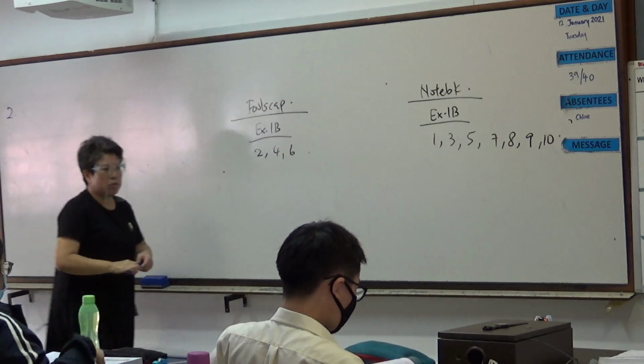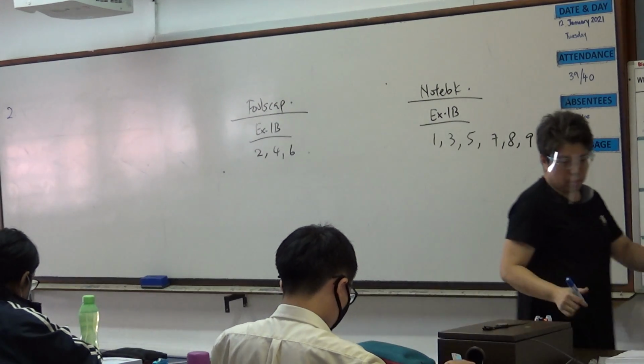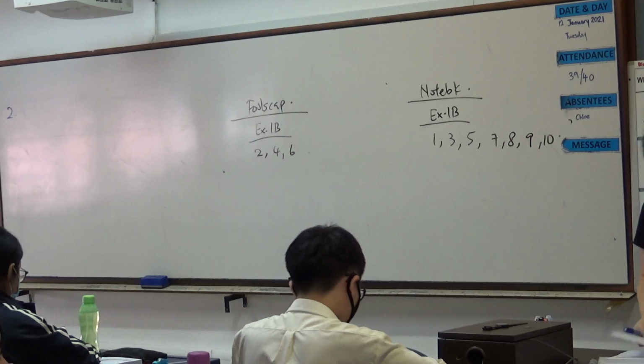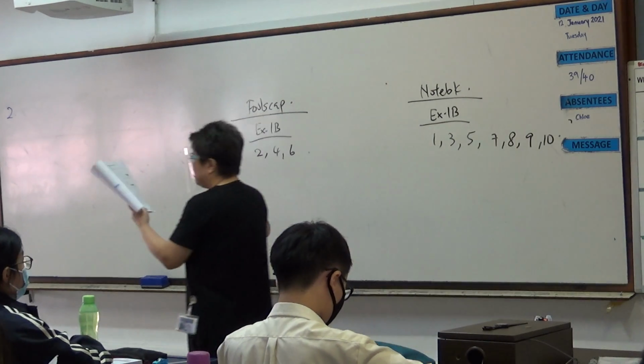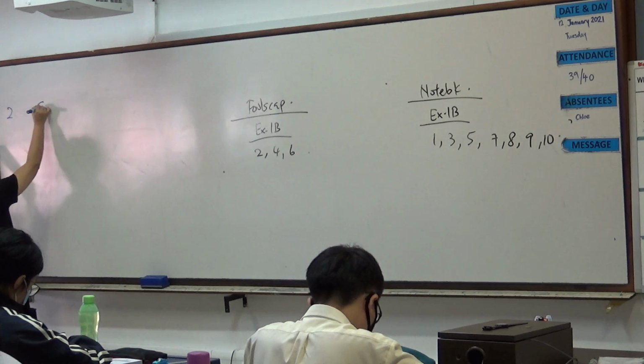Okay, let us look at question number 2. Render data. It is given that the universal set, all of you must practice how to write. Universal, just write like that.